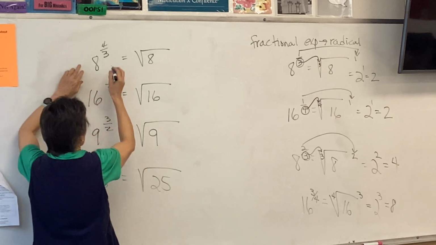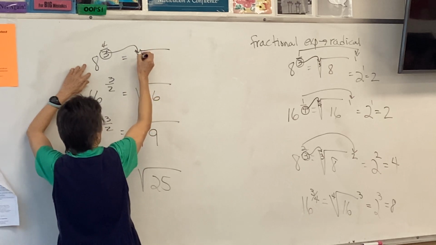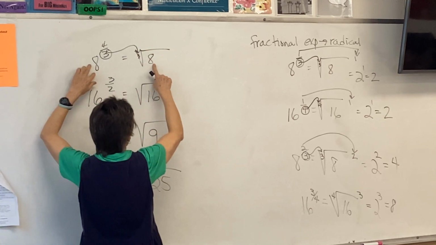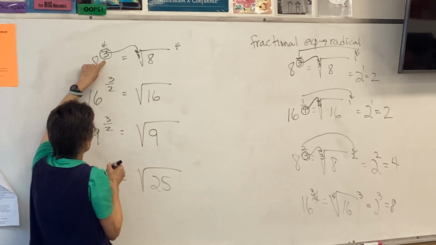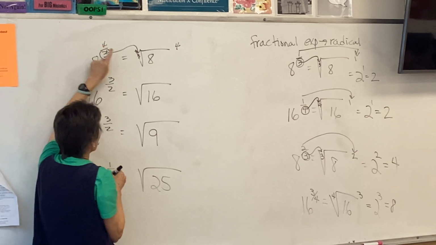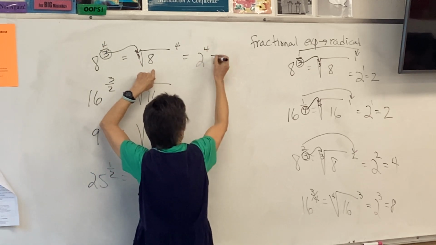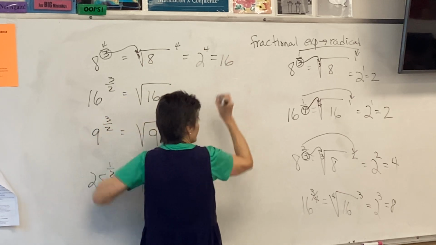So remember, the denominator always tells you the root that you are taking. So this is a cube root to the 4th power. What's the cube root of 8? 2. And 2 to the 4th is 16.